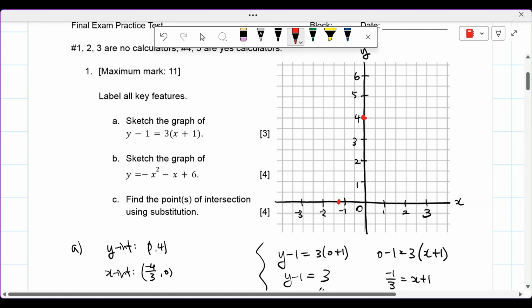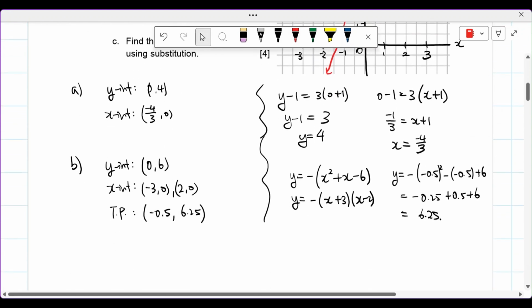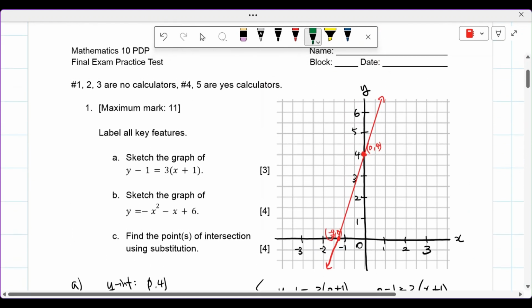So if I draw a straight line connecting these two points, I think it goes like that. 0, comma 4, negative 4 over 3, comma 0. Yay, first one done.